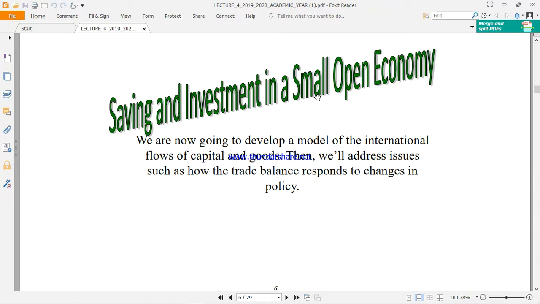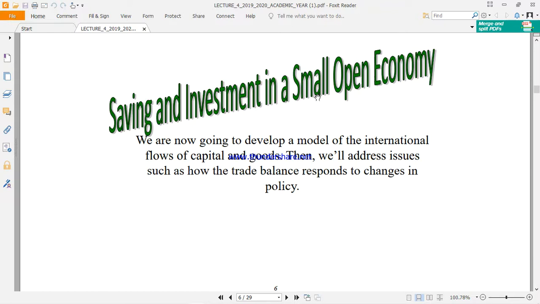So now here, our aim is to come up with a model of international flow of capital and goods. Then after that, let's try to address issues such as how the trade balance responds to changes in policy. And by policy, we're talking about both monetary policy and fiscal policy. For example, what will happen to the trade balance if the government increases taxes domestically?